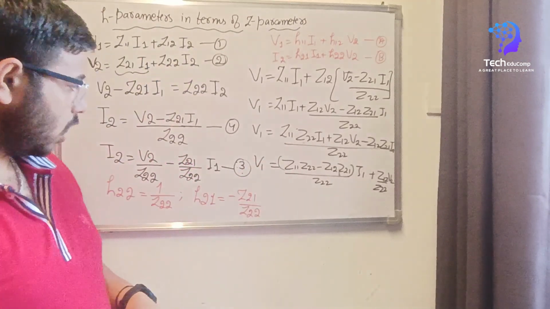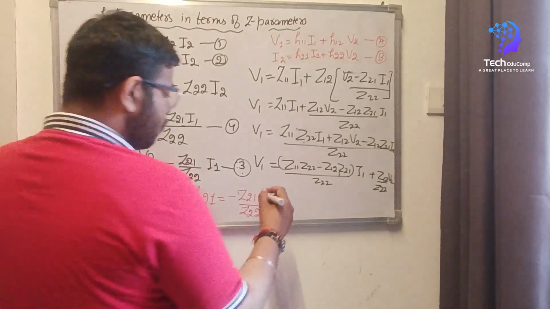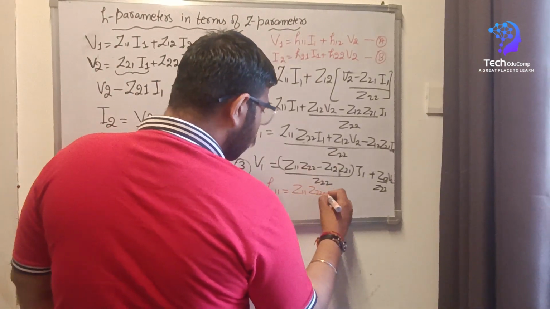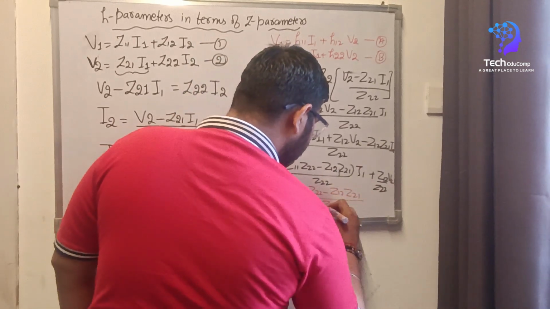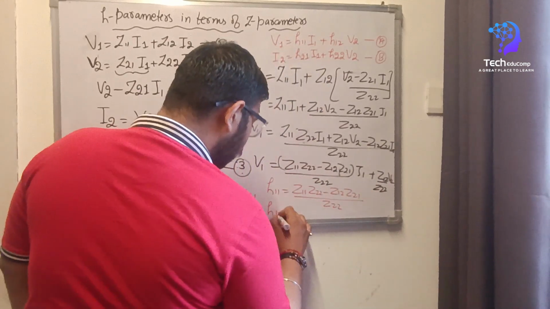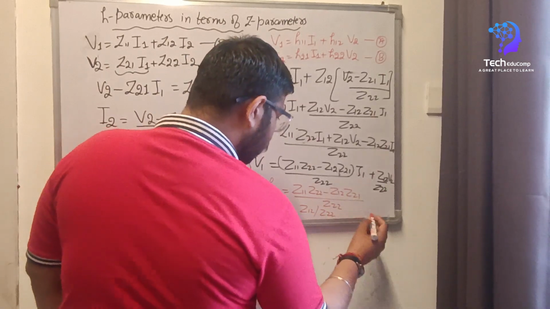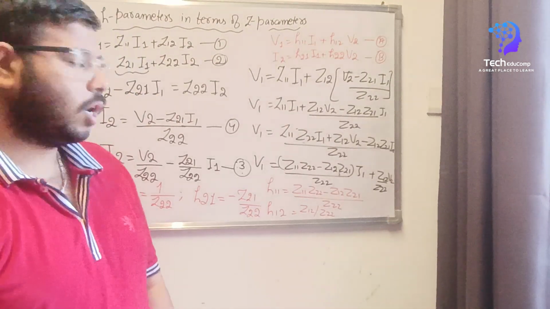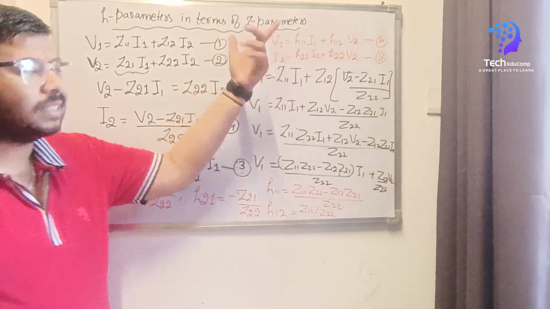Now when we compare it with equation number A, we get H11 equal to Z11 into Z22 minus Z12 into Z21 upon Z22, and H12 is equal to Z12 by Z22. So this is how you write the H parameters in terms of Z parameters.